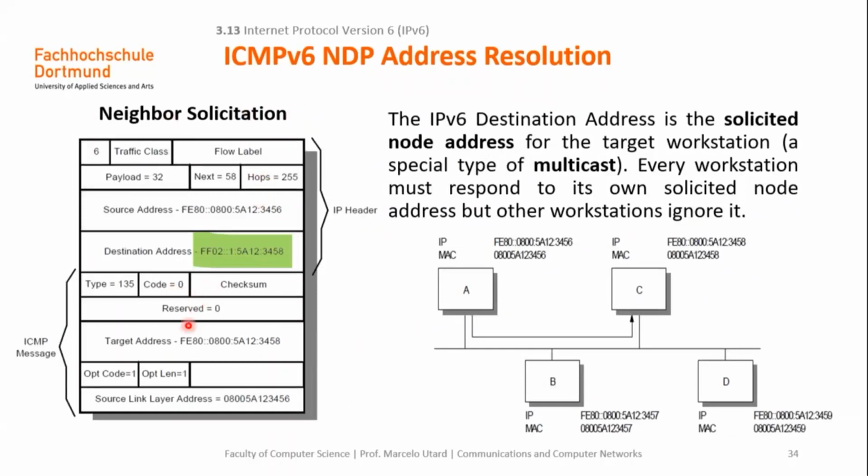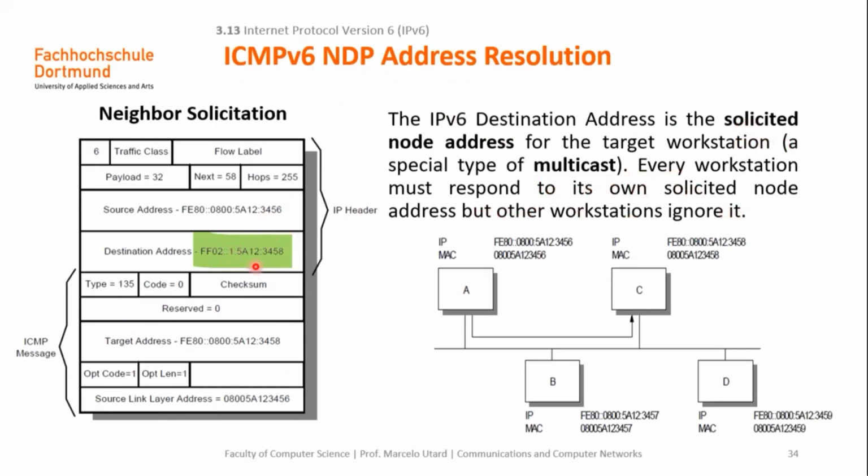Then, in this ICMP information message, this is the destination address of the IP version 6 datagram, and this destination address is what is called the solicited node address for the target workstation. It is a special type of multicast. Every workstation must respond to its own solicited node address, but other workstations ignore it.